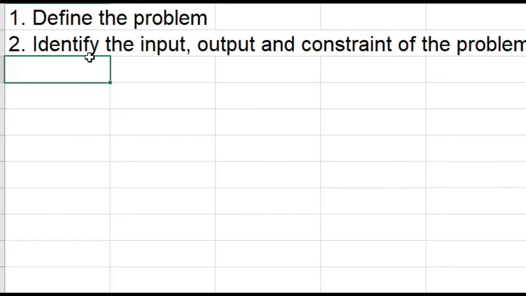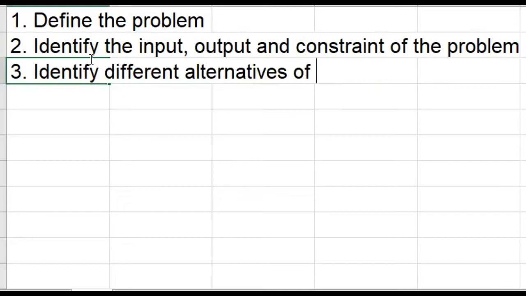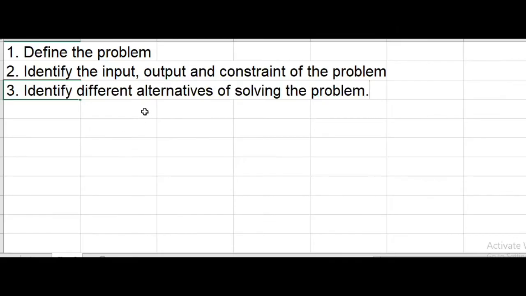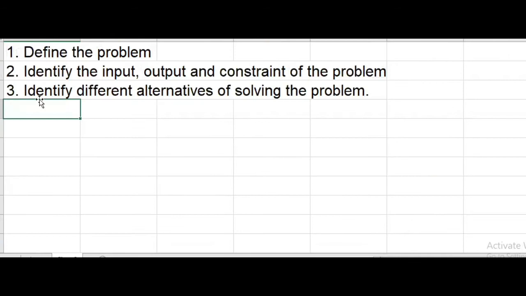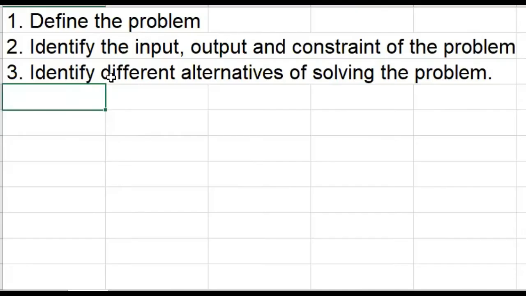And then identify different alternatives of solving the problem. In the previous example we found three approaches. Now which is the best one that we are supposed to select from? First of all, we have found three approaches.